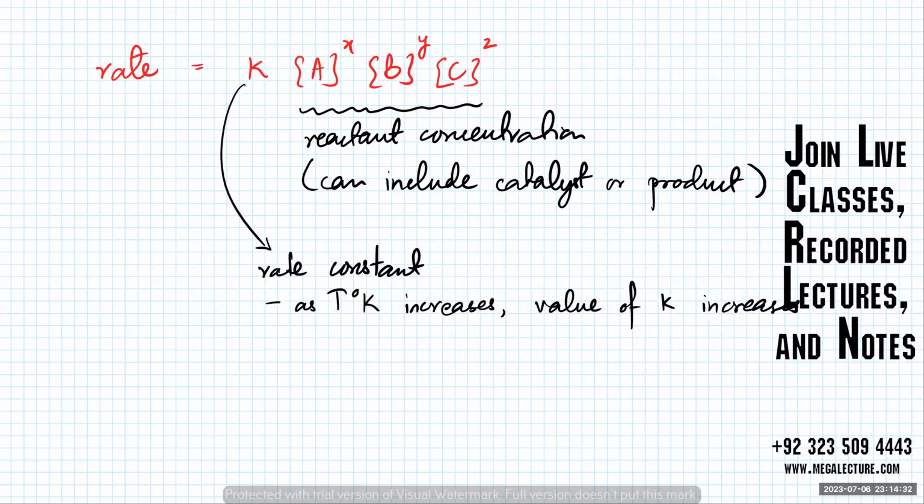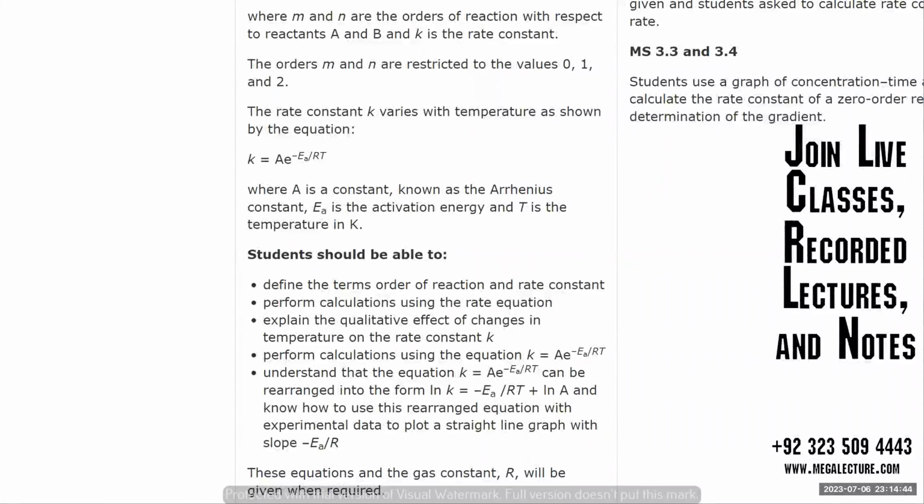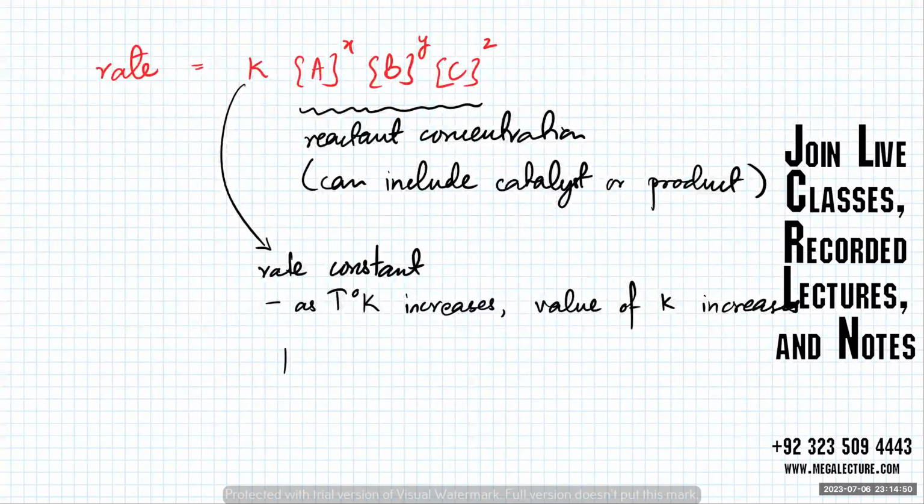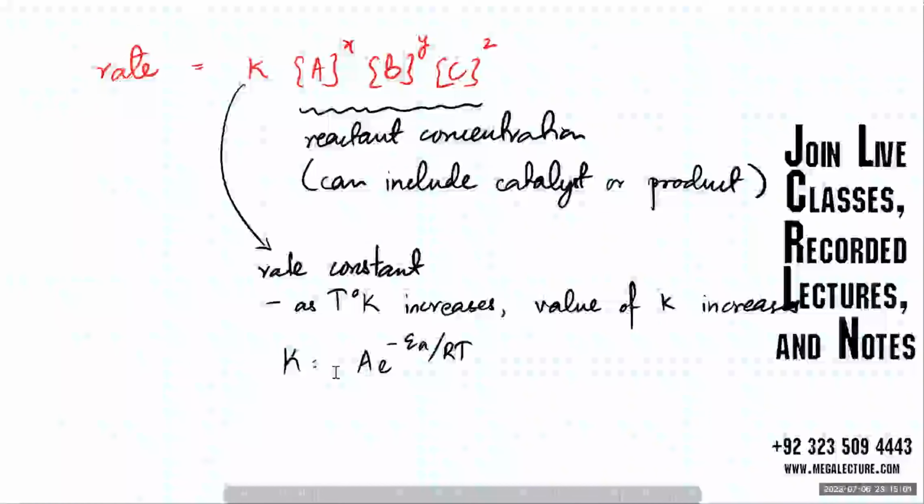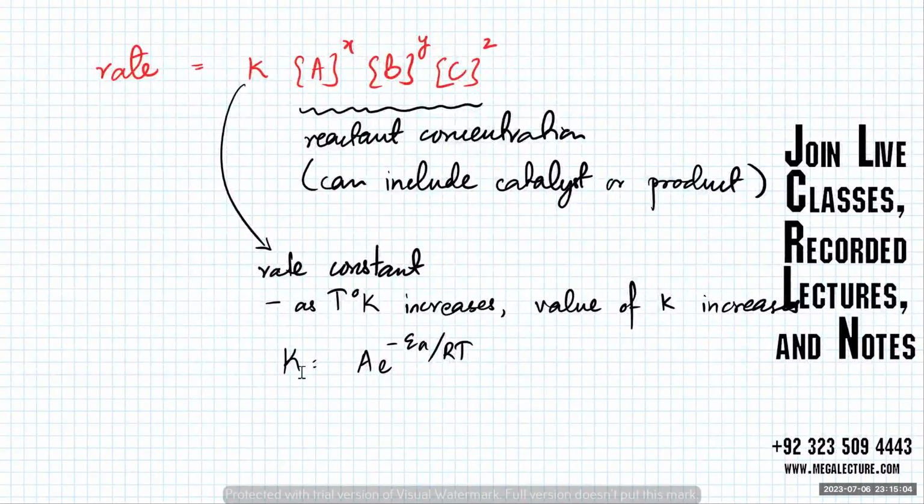So moving on to this thing in the syllabus. Let me just copy this. It's E_A minus A. So we've got this relationship for calculating the value of K, where R and T are, and I'll tell you how to calculate this.